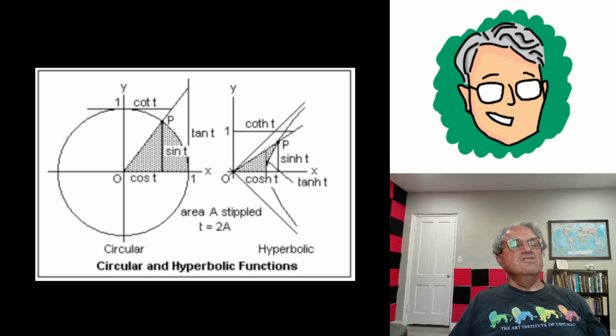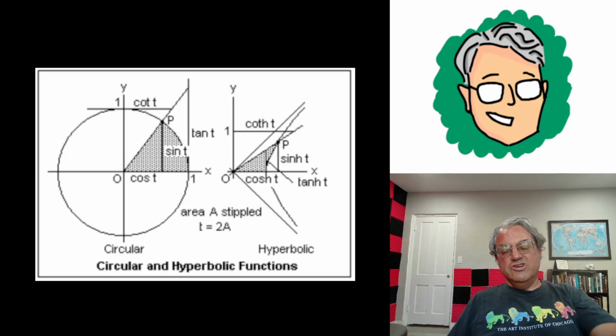Cosecant is 1 over sine. And similarly, hyperbolic secant, which is sech, is 1 over cosh. And hyperbolic cosecant, which I actually show here, is 1 over sinh. So that's how we define the hyperbolic functions.